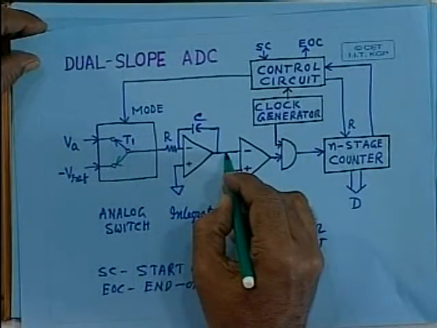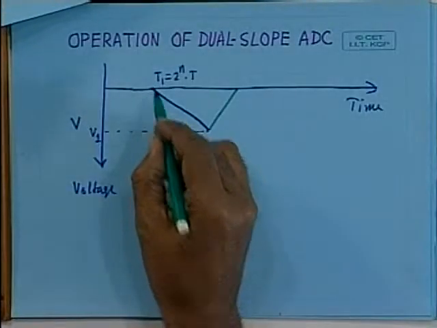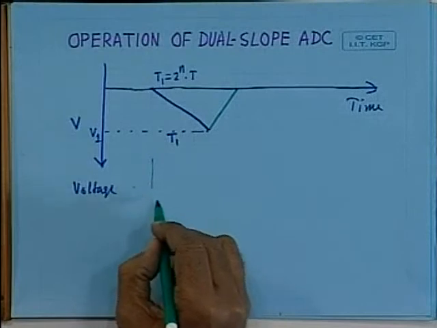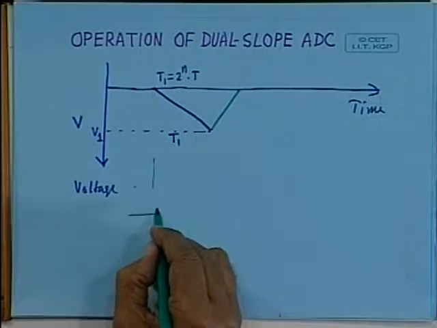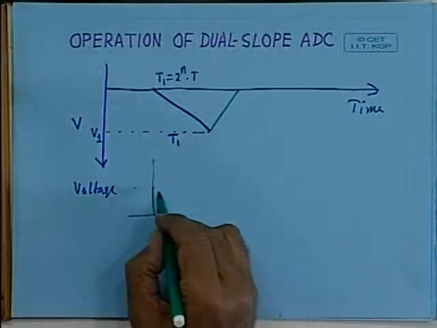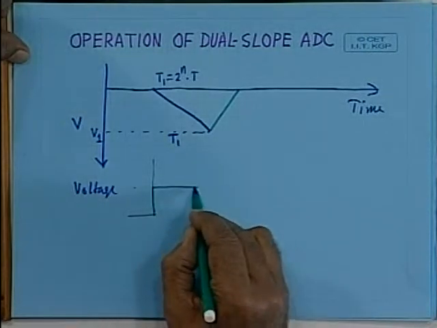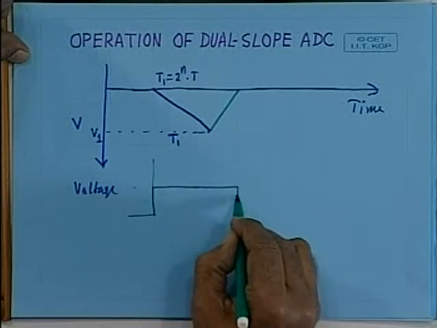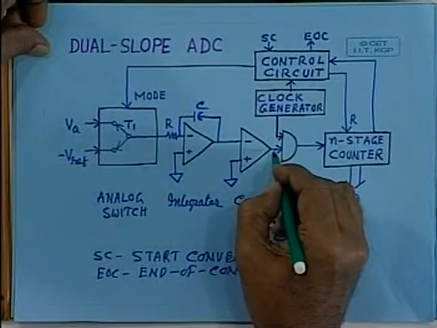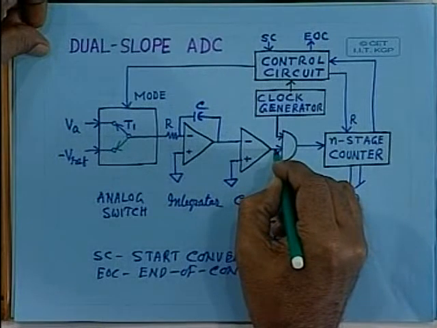At this point of time, the output of the comparator will go high. Let me draw the output of the comparator. It will go high here and remain high, and as long as it remains high, the output of this comparator is 1.